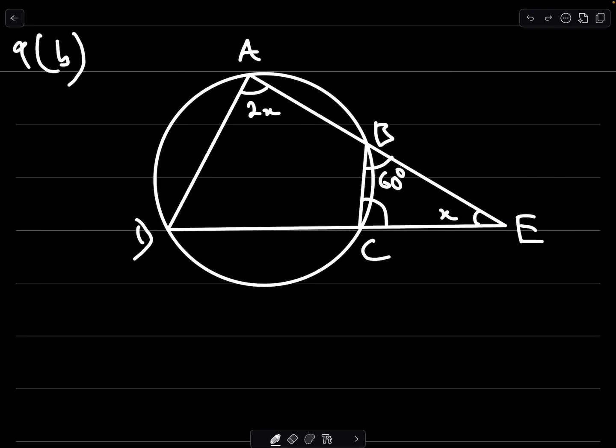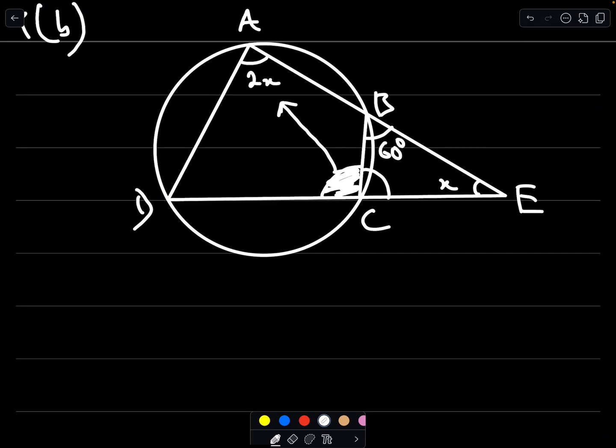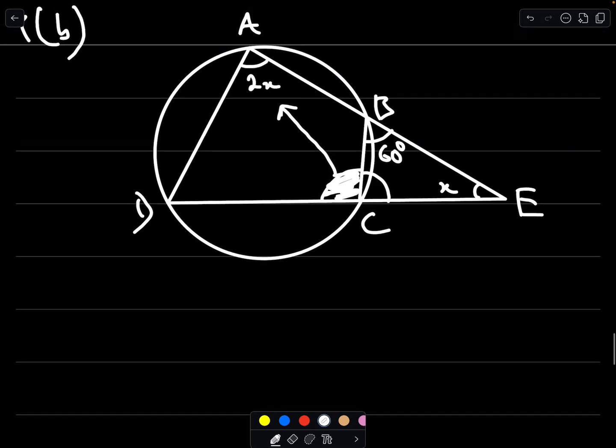So that means this exterior angle is equal to 2x. How do you determine that? If you complete this, you are going to have 180 degrees. So the angle you need to add to that exterior angle to make it 180 degrees is the opposite interior angle. So that's a trick to identify the opposite interior angle.